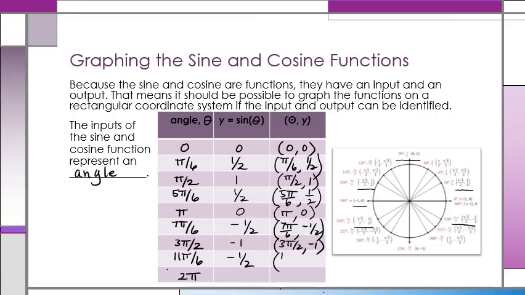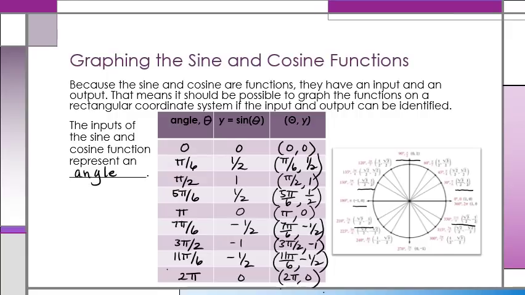So my ordered pair is 11 pi over 6, comma -1/2. And finally, making my way around the circle at 2 pi, I'm at the same place that I was with an angle of 0. And so this is where I see the repeat.